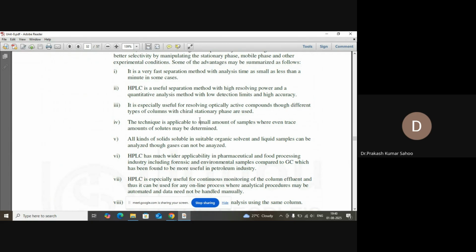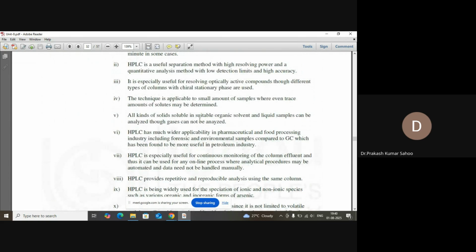The technique is applicable to small amounts of samples where even trace amounts of solute may be determined. All kinds of solids soluble in suitable organic solvent and liquid samples can be analyzed, though gases cannot be analyzed.